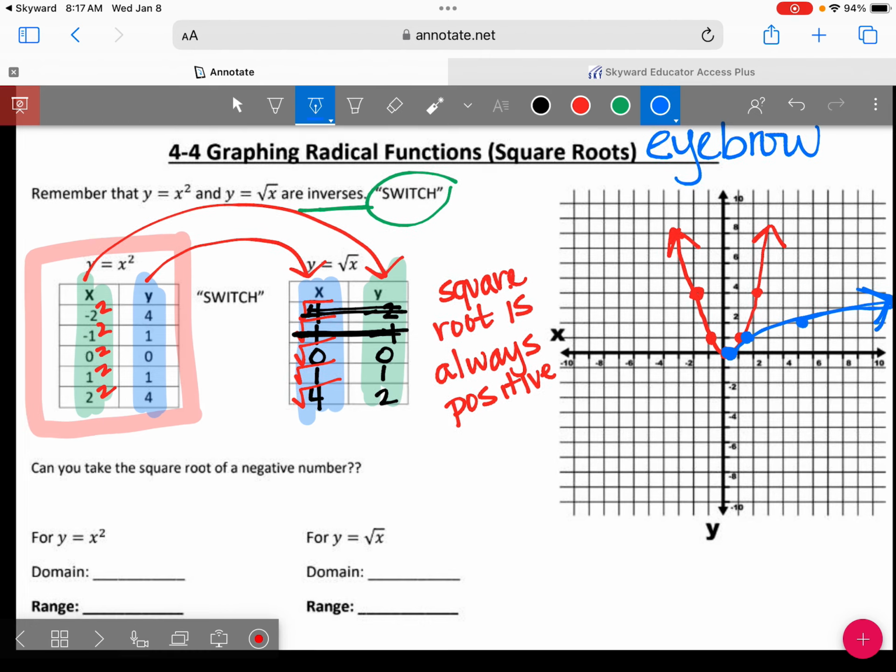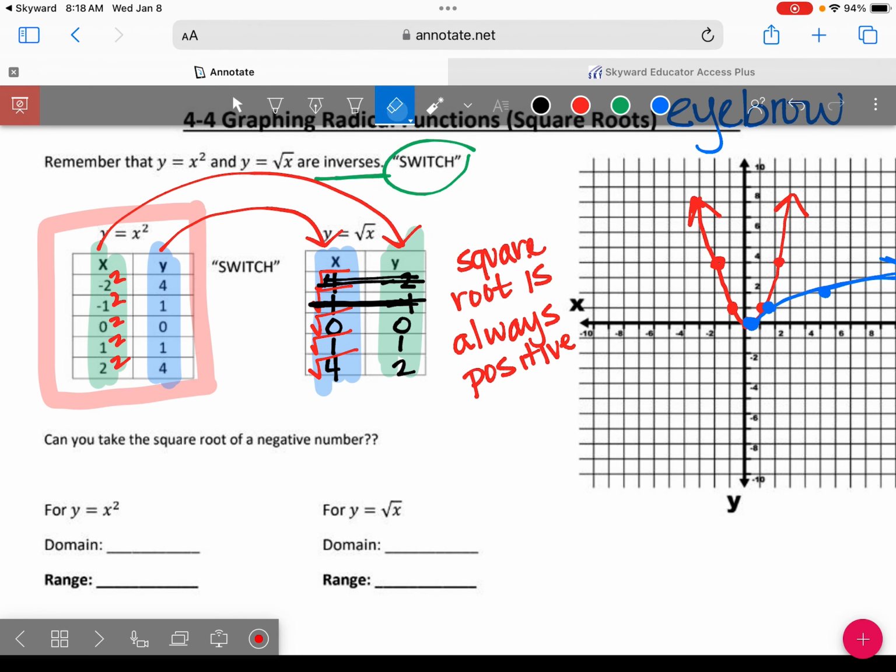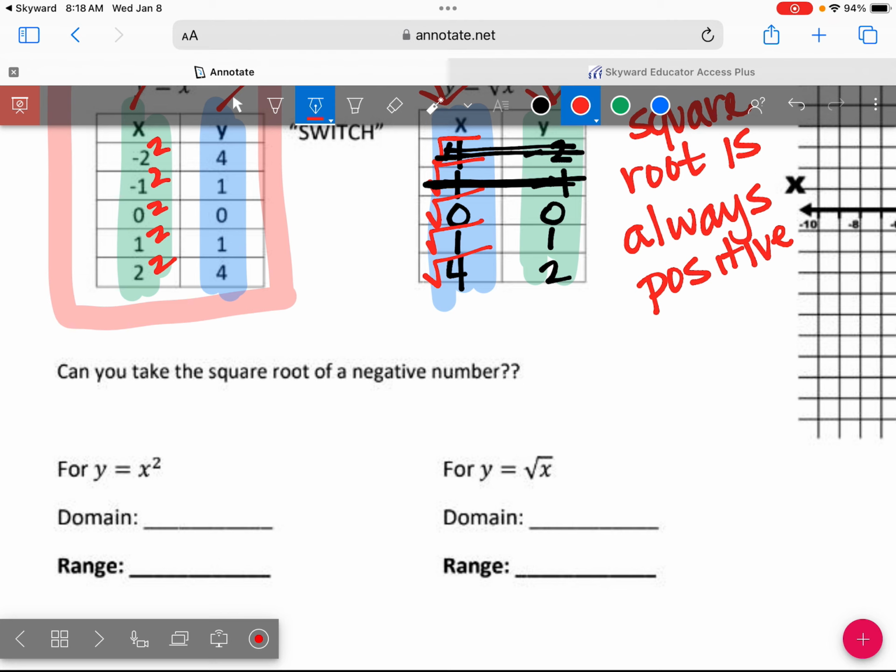So for the red graph, if we look at our table, notice that I have positive and negative numbers. That means that my domain is all real numbers. And when I squared it, all of my y values were positive, so that would be y is greater than or equal to 0.